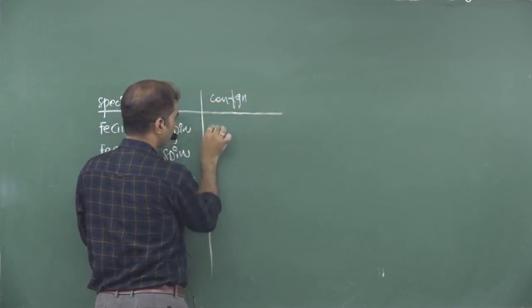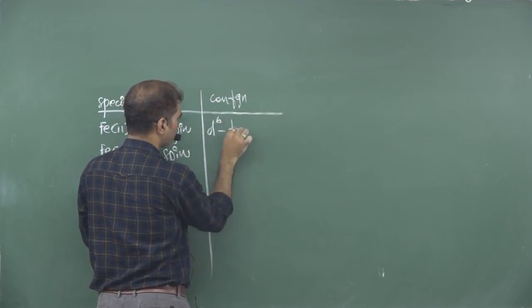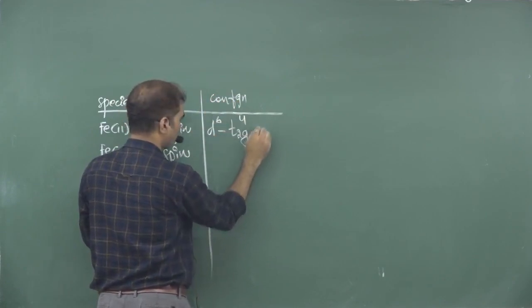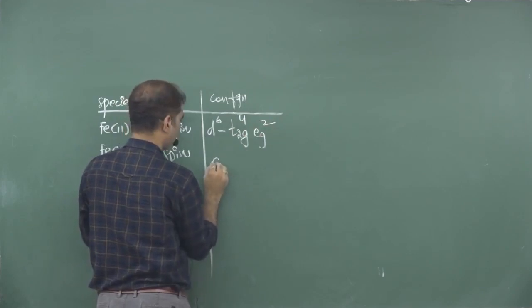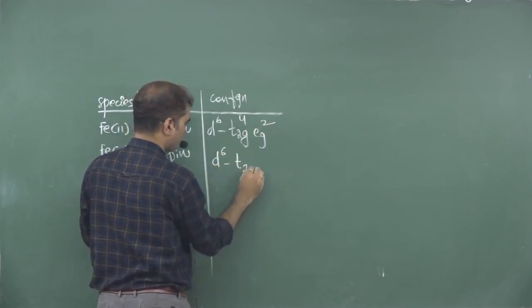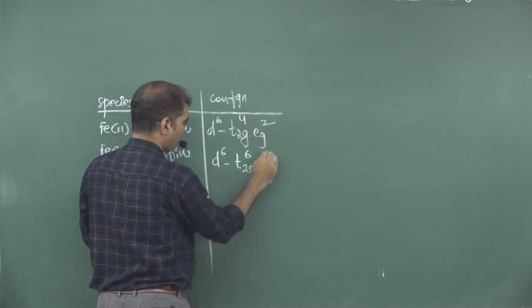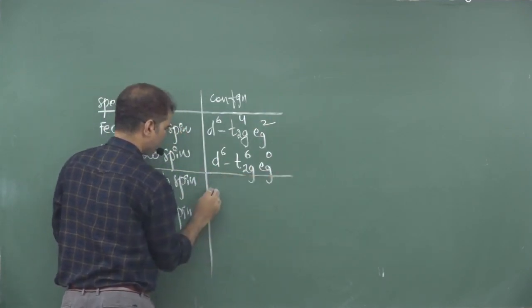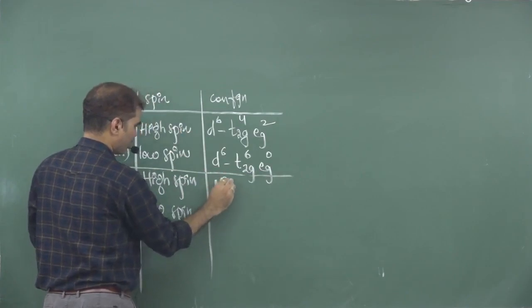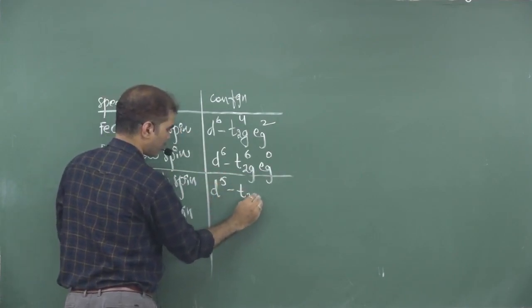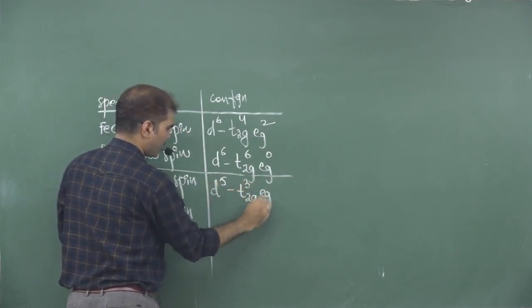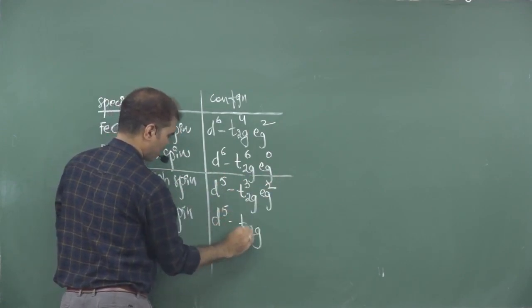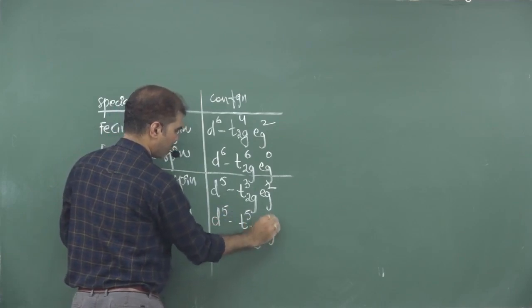Configuration: this is D6, T2G4 EG2; D6, T2G6 EG0; D5, T2G3 EG2; D5, T2G5 EG0.